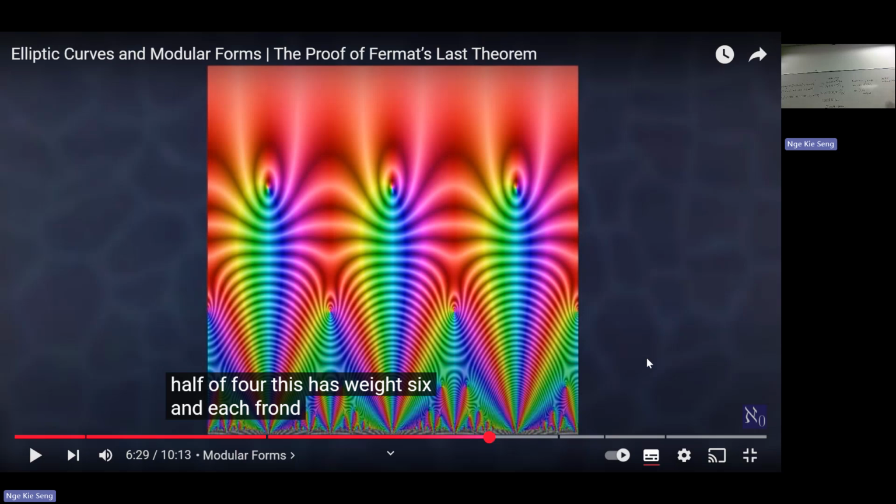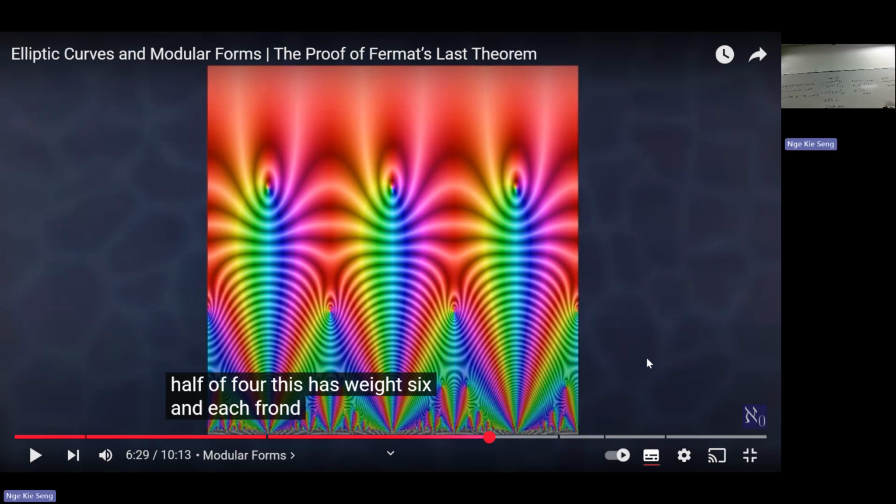So what is a cusp form? A cusp form is just a modular form that vanishes at its cusps. All of the cusp points are basically this point that had been adjoined to the upper half plane. So if a modular form reaches 0 at its cusp, it is called a cusp form.